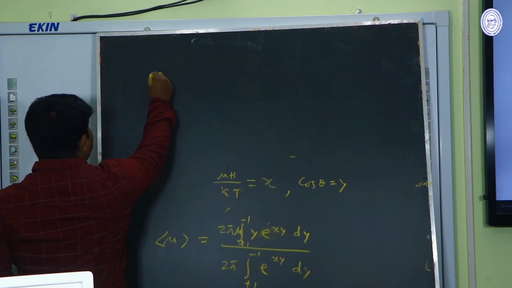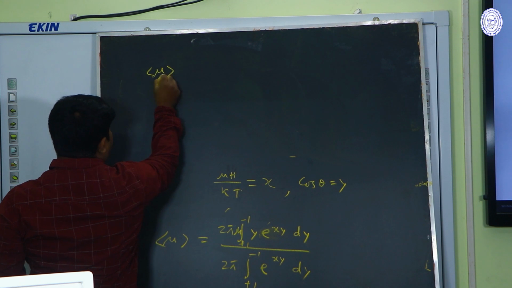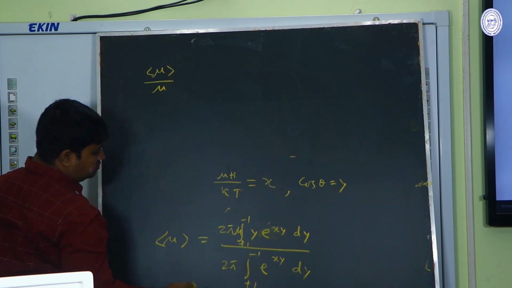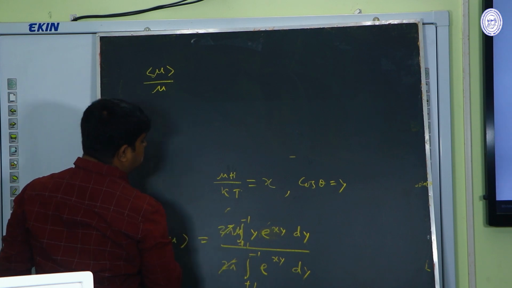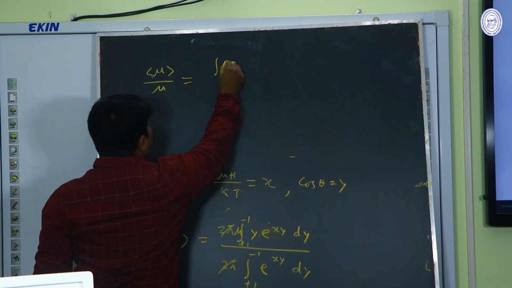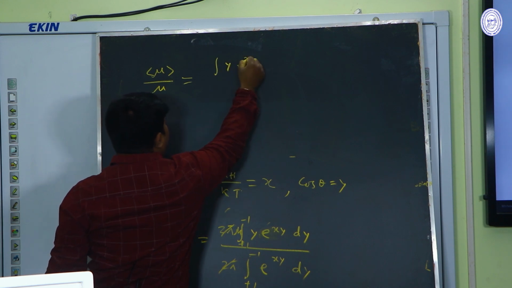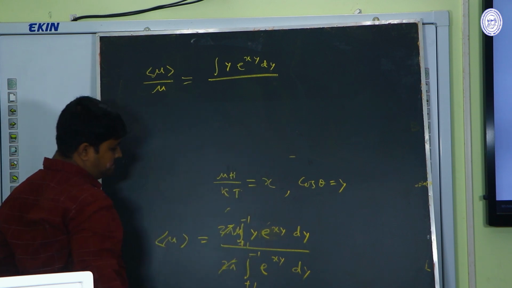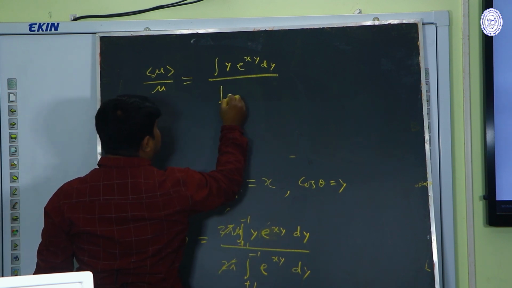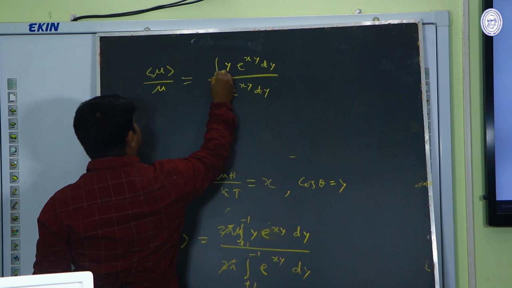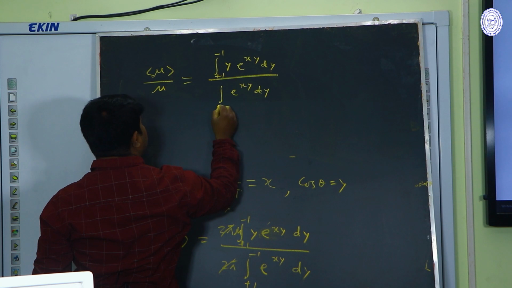So mu average by mu is equal to, 2 pi cancels, the integration of y e to the power xy dy by the integration of e to the power xy dy. The limit of the integration is plus 1 to minus 1.